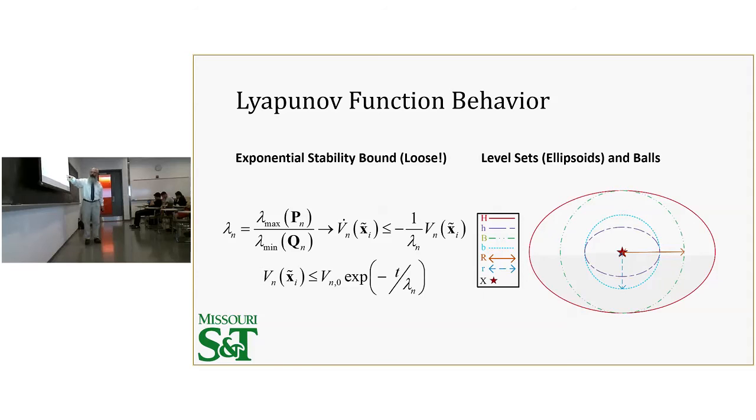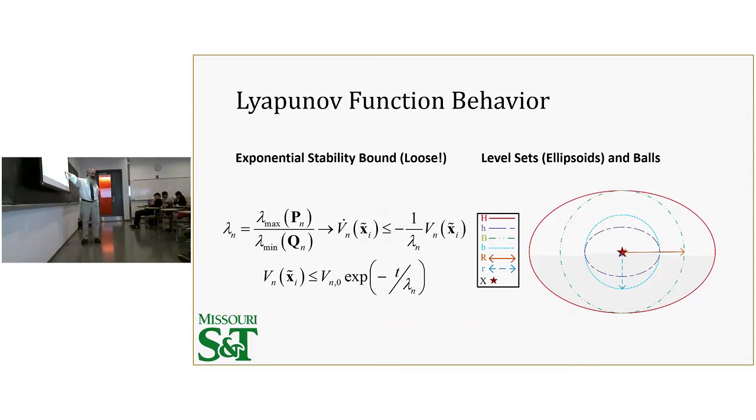So we know that if we're inside this ball, we must be inside this level set. And then given this exponential bound on the decay of the Lyapunov function, we know that if we wait long enough, we'll be inside this smaller level set. And if we're inside this smaller level set, we must be inside this ball.